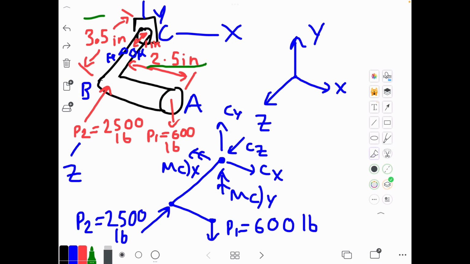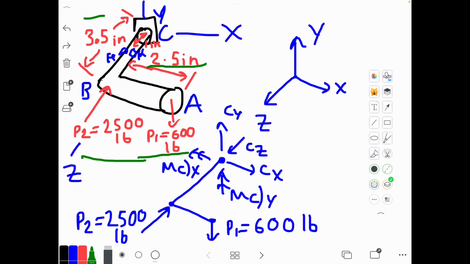Now we are given that there is a force 1 of 600 pounds applied at cross-section A downward in the negative y-axis. Now in our cross-section B, in the middle of the bracket, assumedly, there's a force 2 of 2,500 pounds applied.